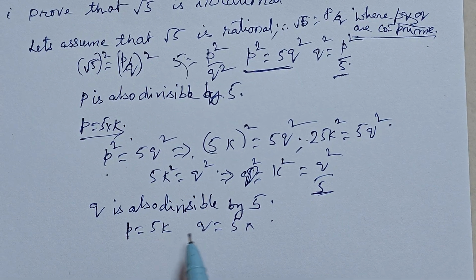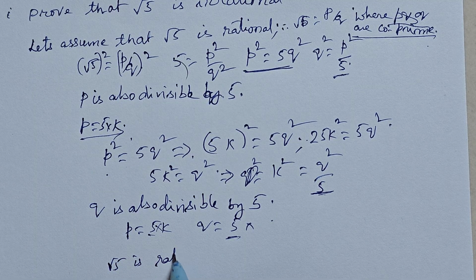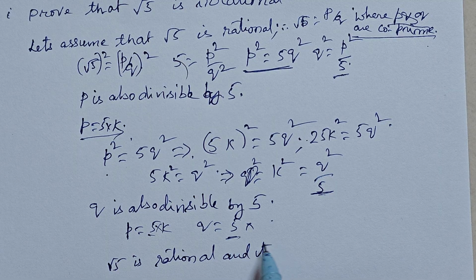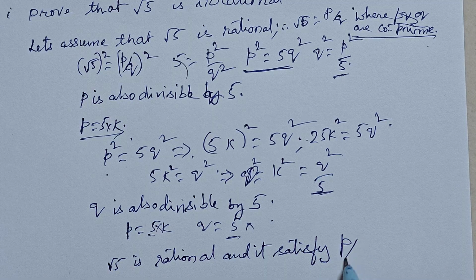So both have got 5 as a factor, which is contradictory because they are co-prime. So the assumption that root 5 is rational and satisfies p by q format is wrong.